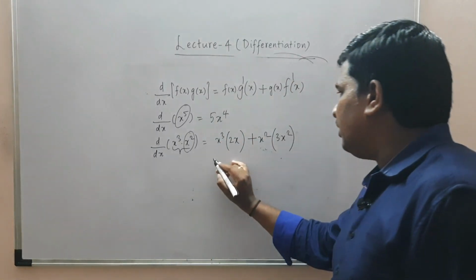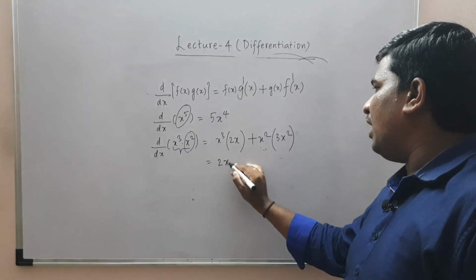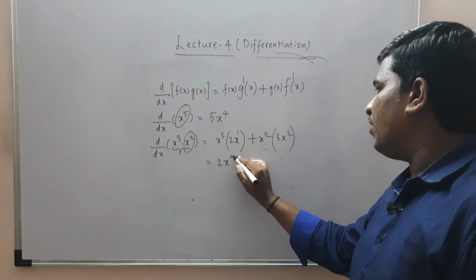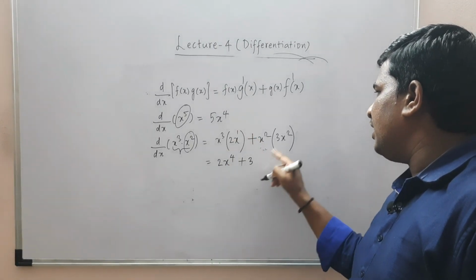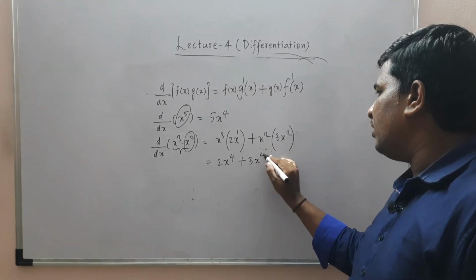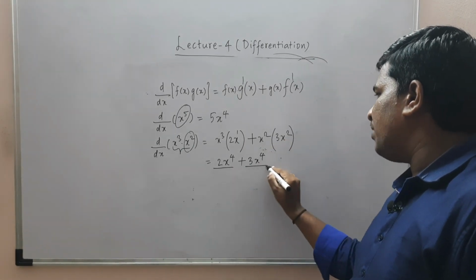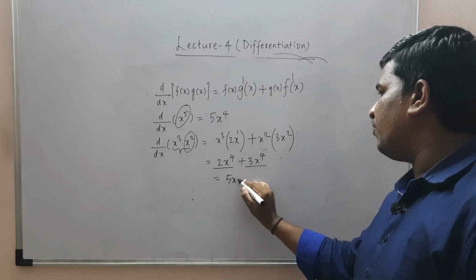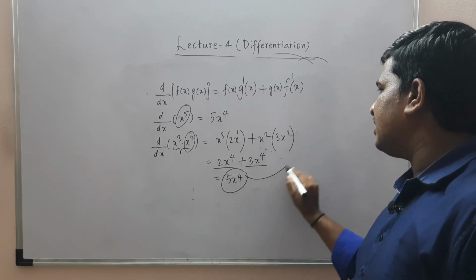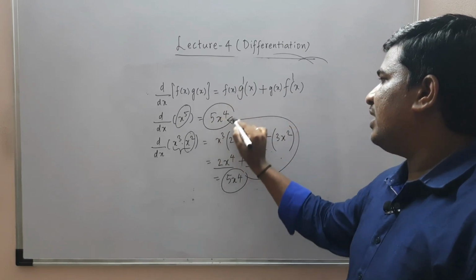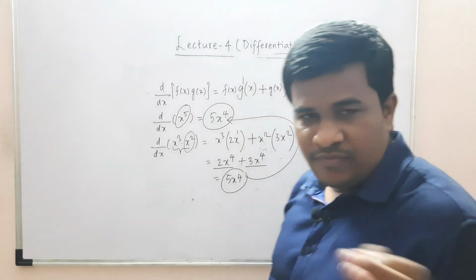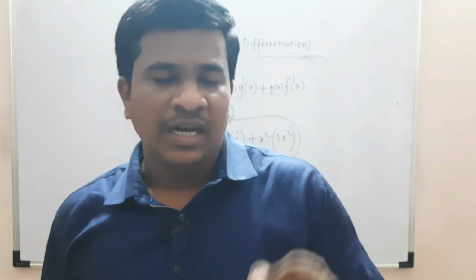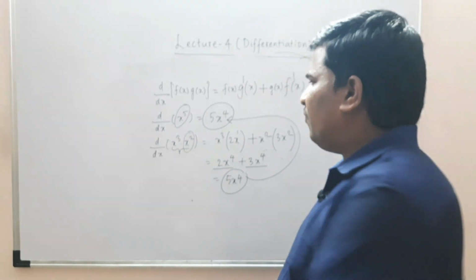So now x cube into 2x is 2x power 4, plus 3x square into x square is 3x power 4. So 2x power 4 plus 3x power 4 is 5x power 4, which is the same as this 5x power 4. Sir, whenever you have a product, if that would be the case, why should we use this?